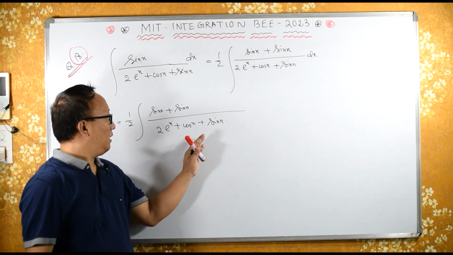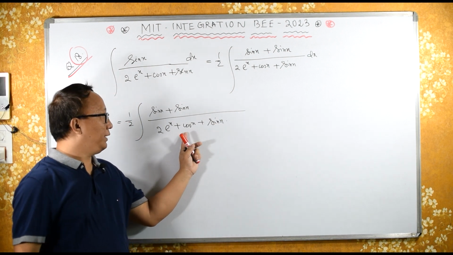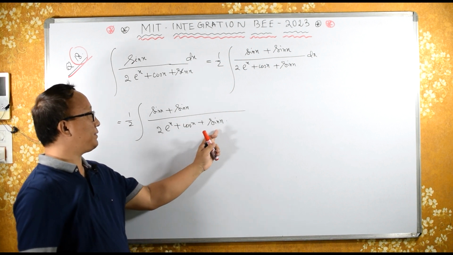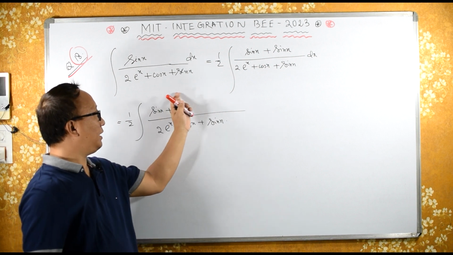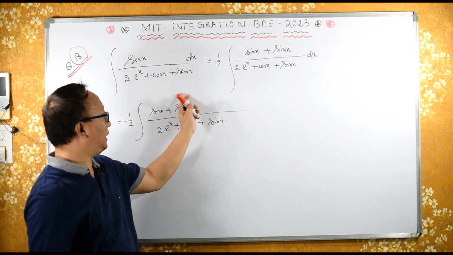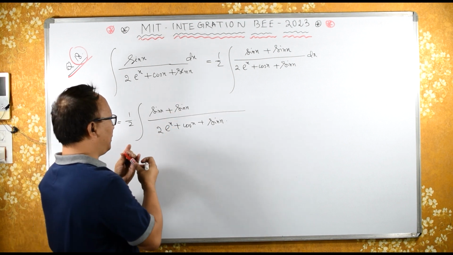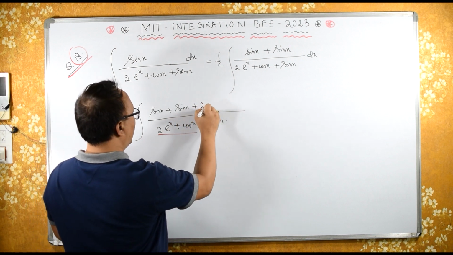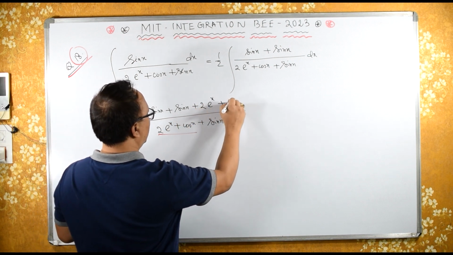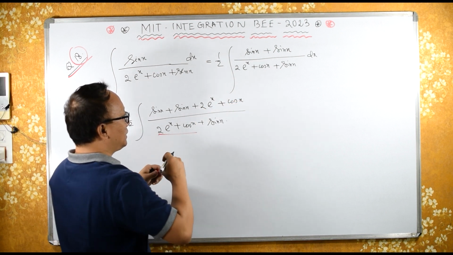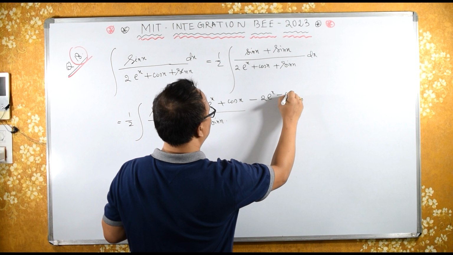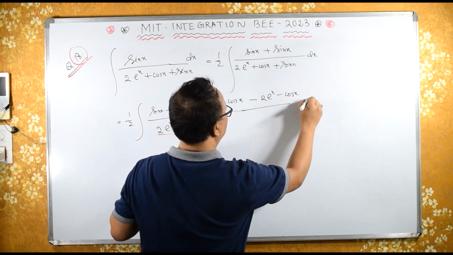Now look at the denominator over here. We need to get this term. We already have sin x in the numerator. Now we need these two terms, so let's adjust with this. So plus twice e raised to x plus cos x, we need this, so let's cancel this, 2 e raised to x minus cos x into dx.